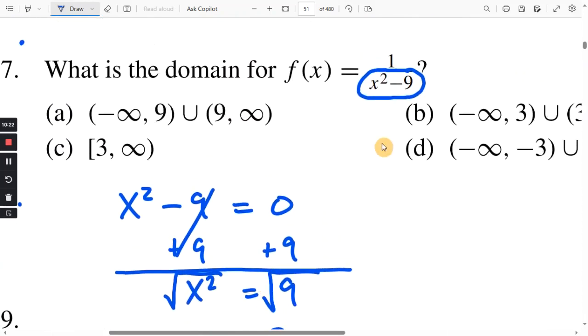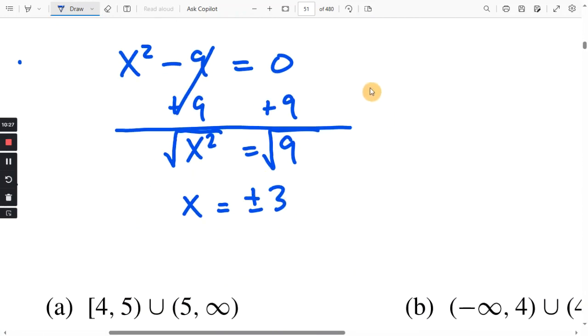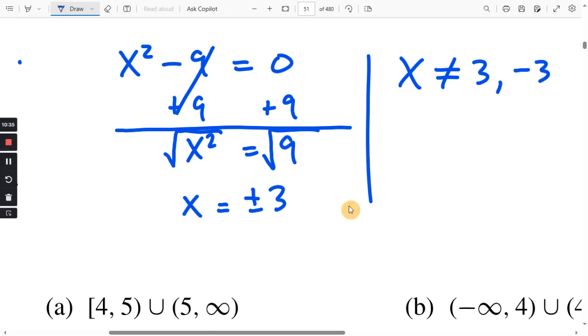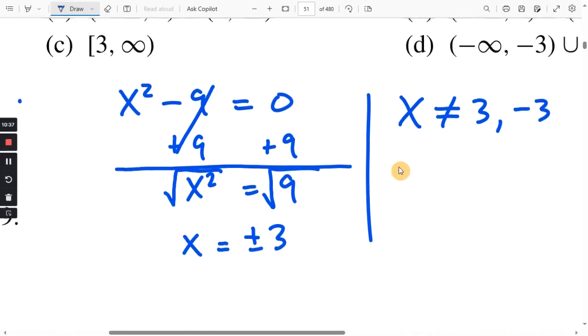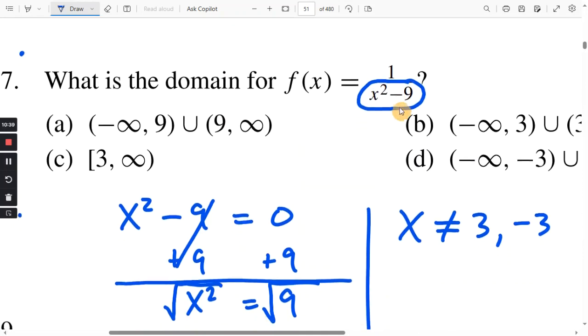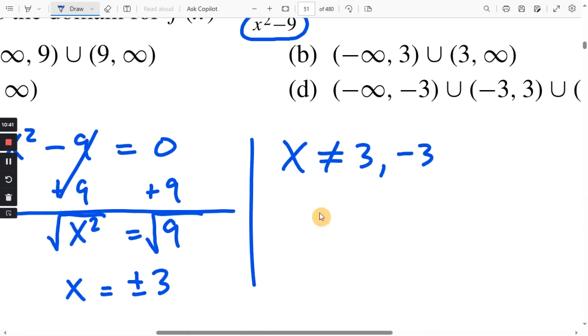Now we said the denominator cannot be 0. We set this equal to 0, so we know that x cannot equal 3 or negative 3. Those are the numbers that make the denominator 0. So on a number line, you have the negative 3.